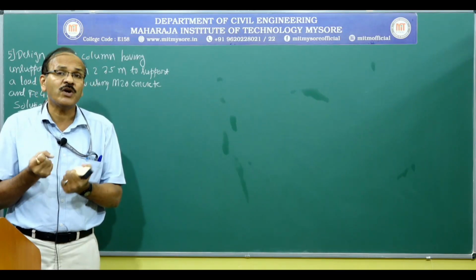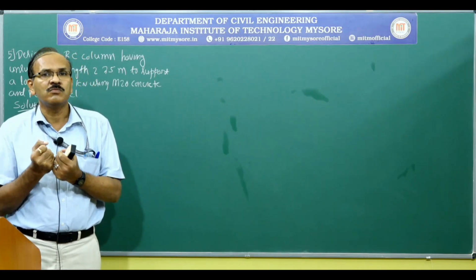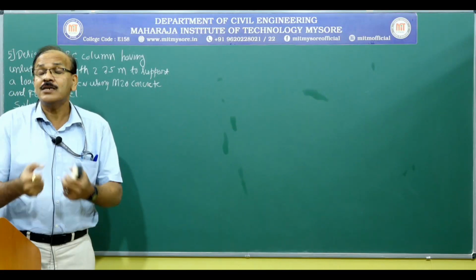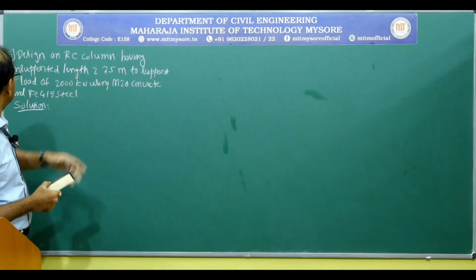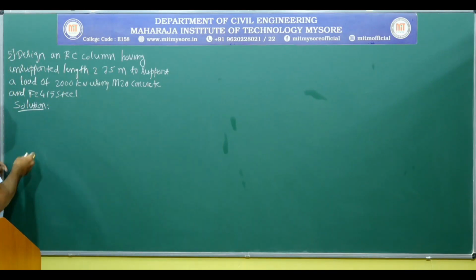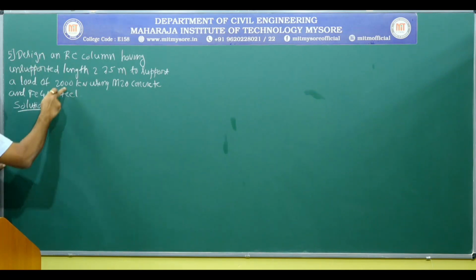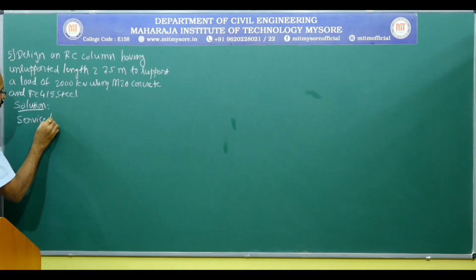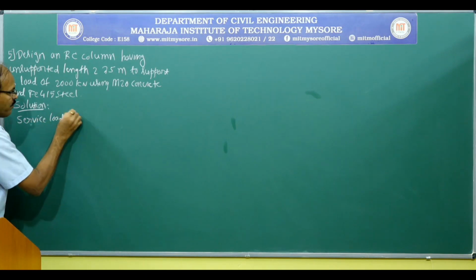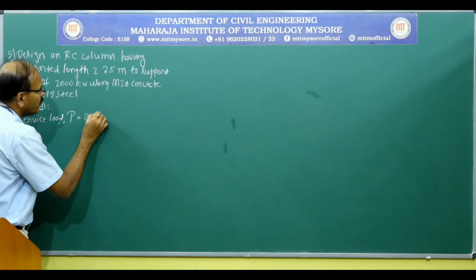So in such a case, what we can do is we can assume the end conditions suitable for us. Okay, so let us take this. Given unsupported length is 2.75 meter, and the load given, that is service load, P equal to 2000 kilonewton.